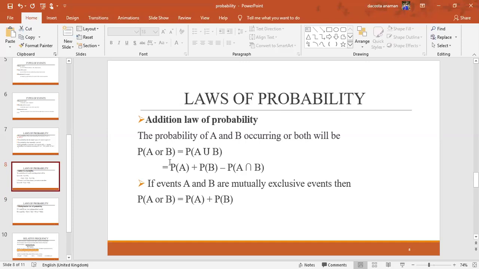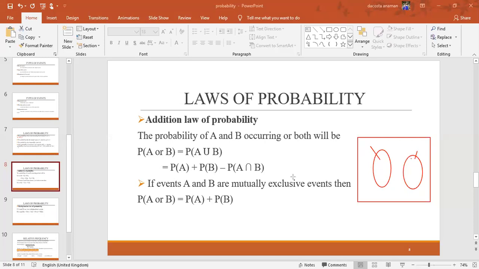So the probability of A or B occurring means that if you have your Venn diagram, maybe this is A and this is B, you are talking about everything in A and B. So the probability of A occurring or the probability of B occurring will be equal to the probability of A. If A occurs, A or B have occurred.